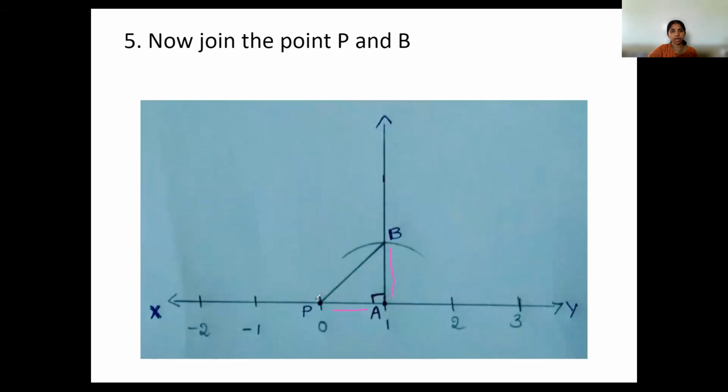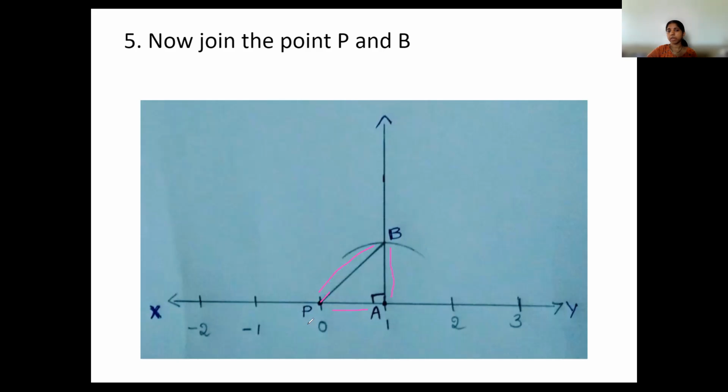So we have a right angle triangle. What is the hypotenuse? For us, PB is the hypotenuse. So using Pythagoras theorem, the square of the hypotenuse is equal to the sum of the squares of the other two sides.